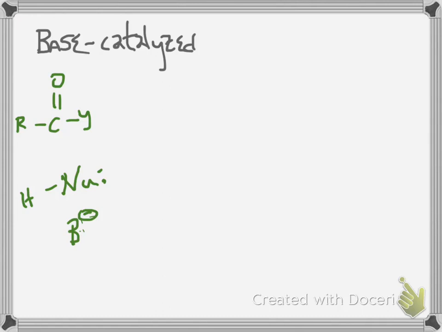So in this example here, I have just a base, a general base, and what this general base is going to do is it's going to help make the nucleophile even more nucleophilic. And so if this nucleophile has a proton, the base can actually remove the proton.